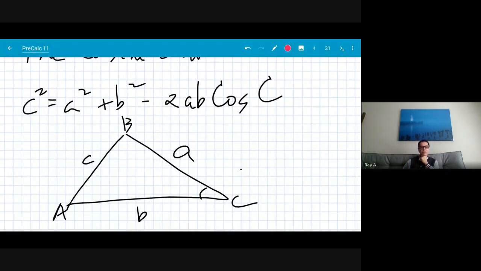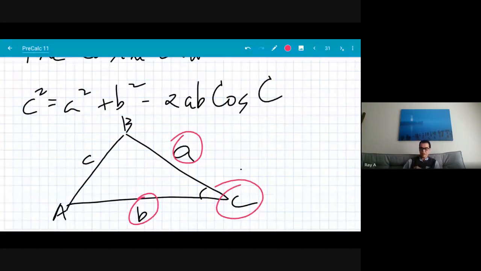So if the triangle only gives you the three different sides, A, B, and C, and you are asked for one angle, any of those three angles, you're going to be using the cosine law. All right, what else? If you are being asked for another side of a triangle, and you are given two sides, and then the angle between them, or what people call the included angle, the cosine law is going to be used. All right.